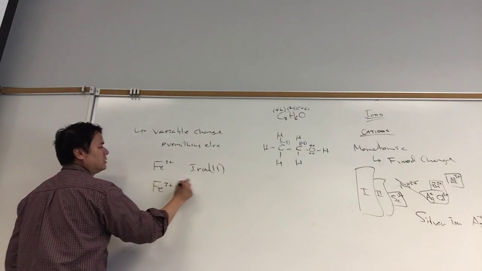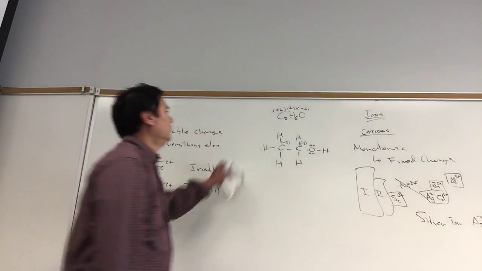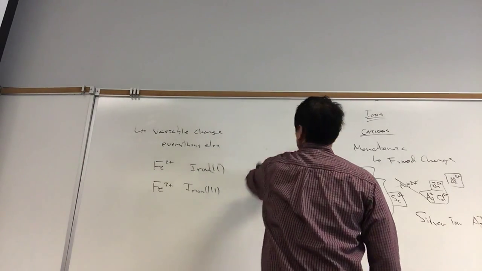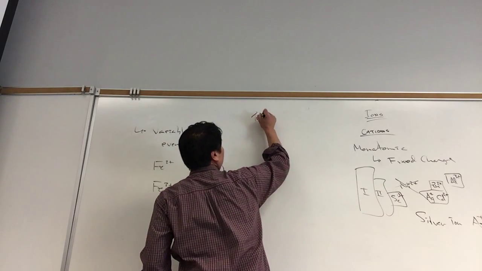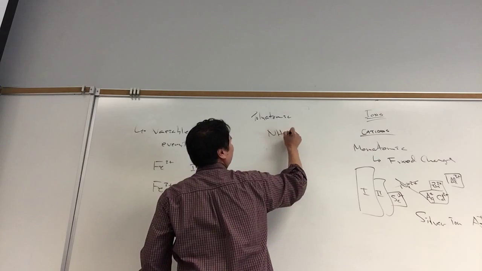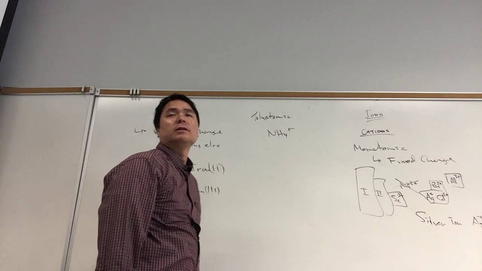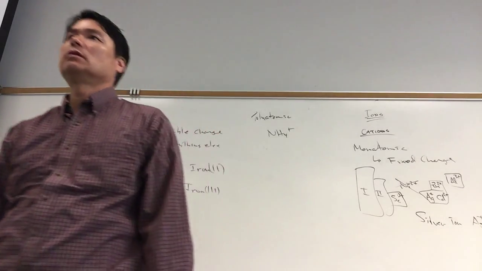Fe3+ is iron Roman numeral 3. As far as polyatomic cations go, we have ammonium, NH4+.